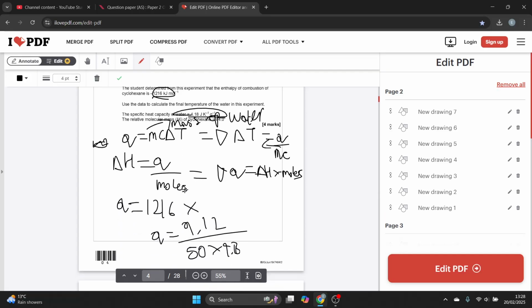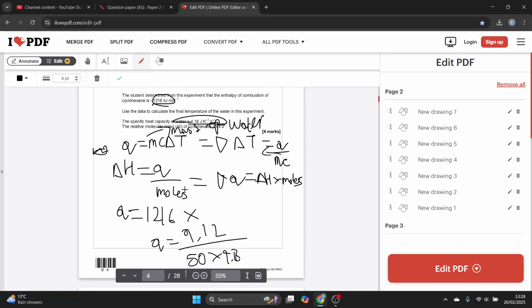And then what I'm going to do is first work that out, because delta T equals Q over mc, but Q needs to be measured in joules. Or do I leave it as that?